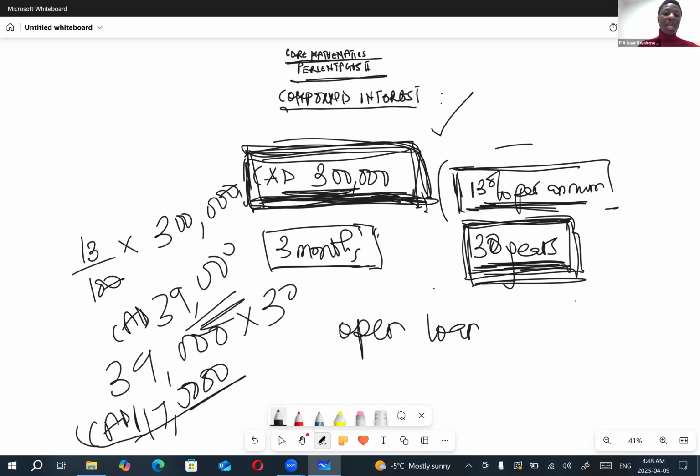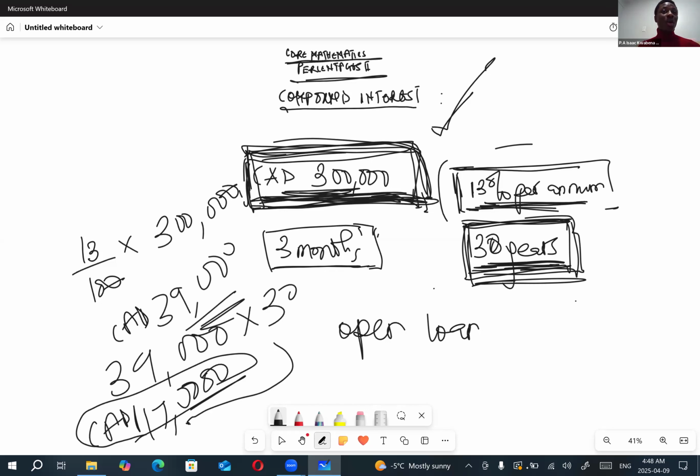This is the interest you are paying. So the amount of money you would be paying to the bank in the next 30 years will be 300,000 plus the interest.